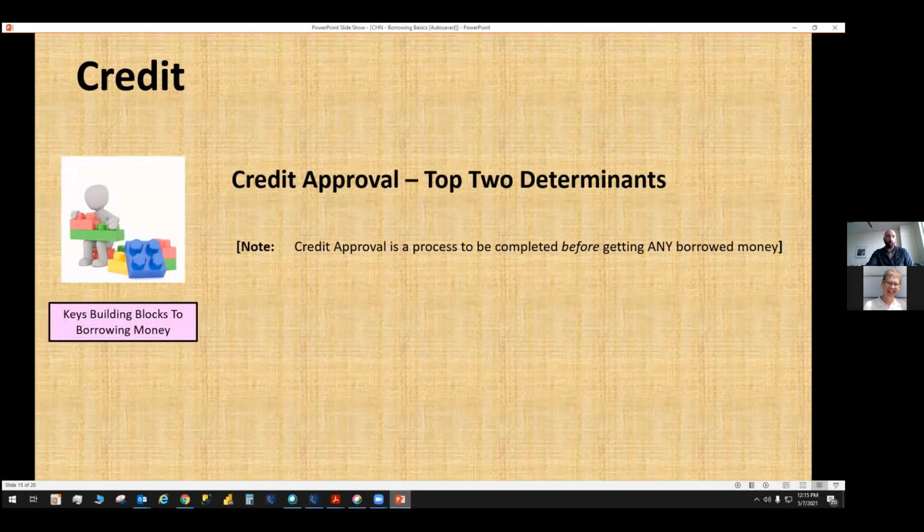Credit approval. In order to become eligible to use a credit card, you have to apply, and they evaluate your credit history, your personal financial history, to determine if you are eligible to have credit extended to you. Your credit history is your ability to borrow money, and what your credit score and credit history show is how well you manage debt.